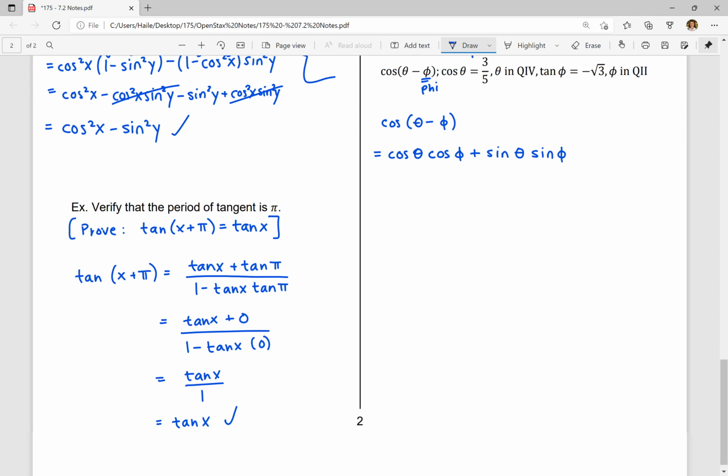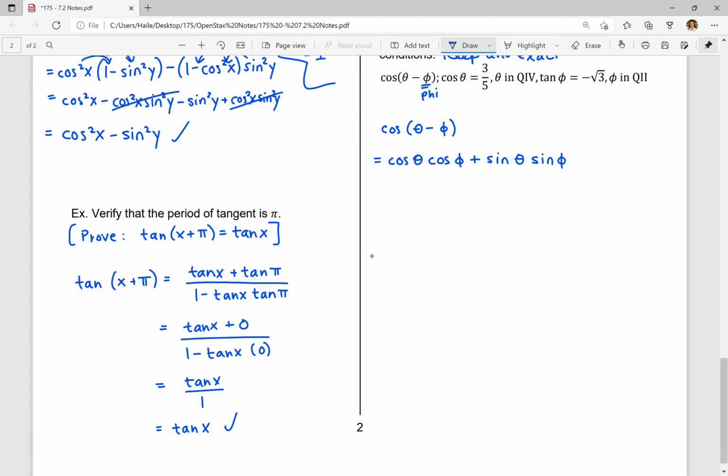So for theta, I'm going to draw two triangles at the bottom. This first triangle is going to be for the angle theta, and it says that theta is in quadrant 4. So my triangle is going to look like this, and the angle is going to be theta. We have that the cosine of theta is 3 over 5.